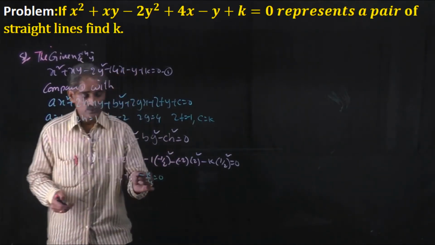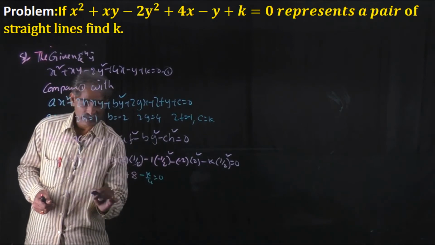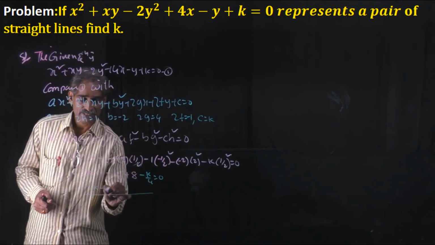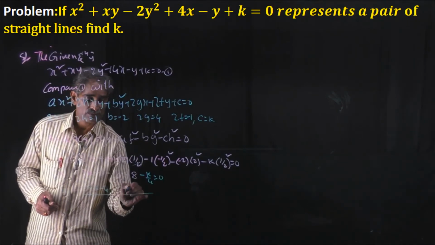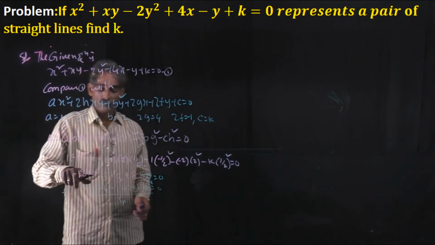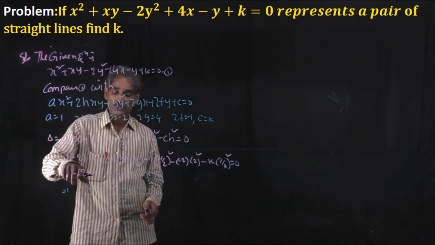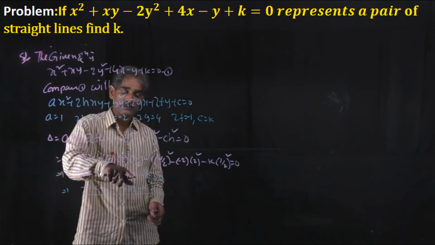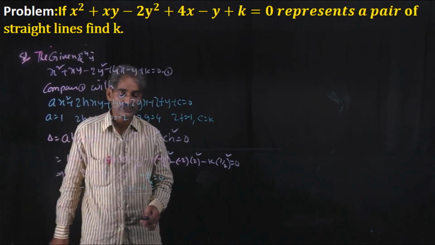Okay, now take LCM. Here the LCM is 4: minus 8k minus 4 minus 1 plus 32 minus k equal to 0. 4 into minus 2k is minus 8k, 4 into minus 1 is minus 4, minus 1, 4 into 8 is 32, minus k equal to 0.